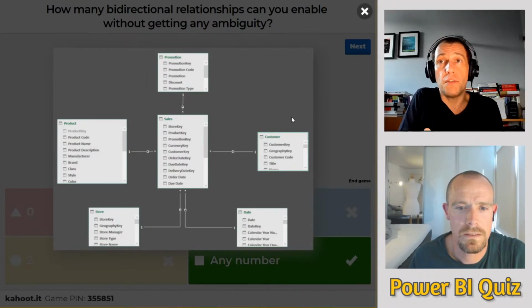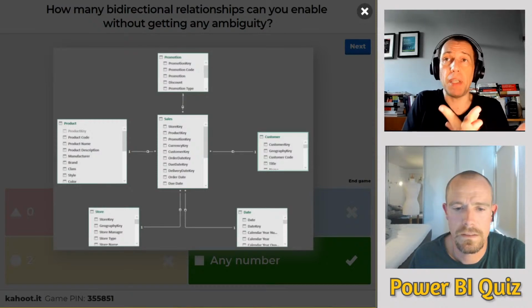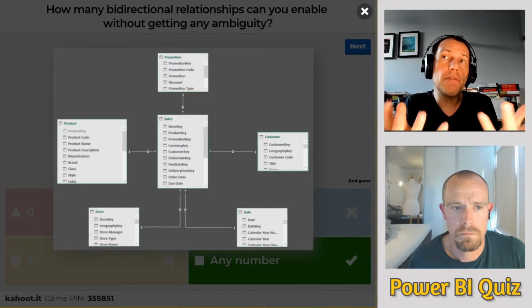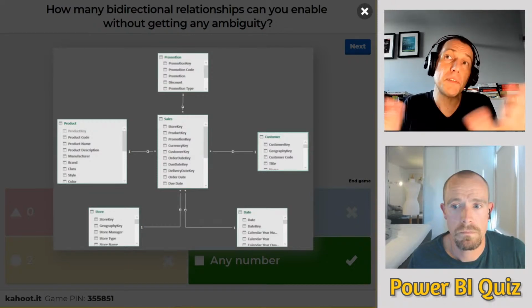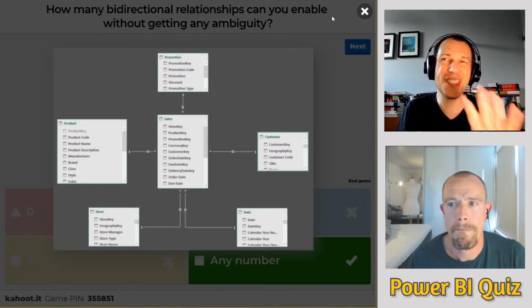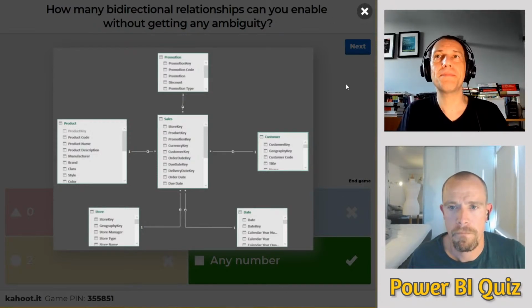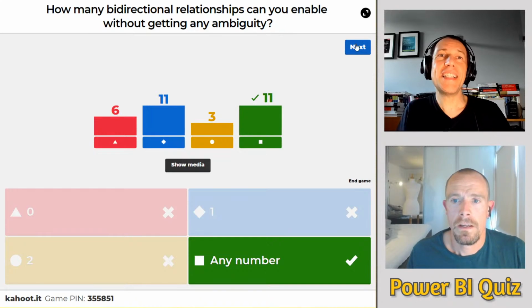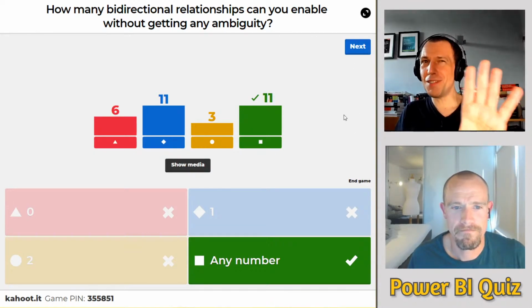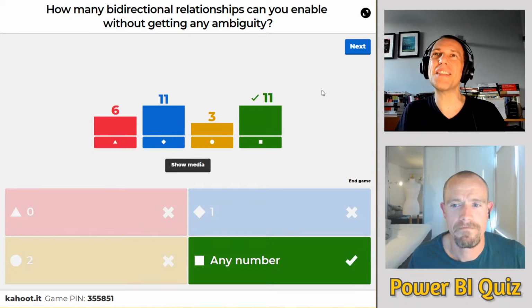So you don't want to use bidirectional filters because you don't want to limit the expansion of your model, adding other tables, other relationships, other fact tables to your data model. This is the main reason. Because if you have two fact tables, that's a totally different story. But in a single star schema, it's not ideal, but you still can do that. And I see that many people failed here. But I see who said 0, but also 1. I mean, it makes sense. In other models, this would have been the right answer.